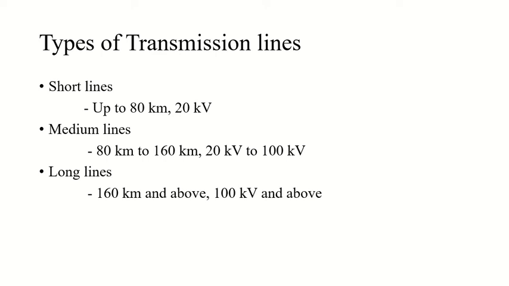Based on that, we have two different terminologies, called nominal T and nominal pi. Based on that, we can represent our transmission lines, which we are going to see probably in the next lecture, or after that.